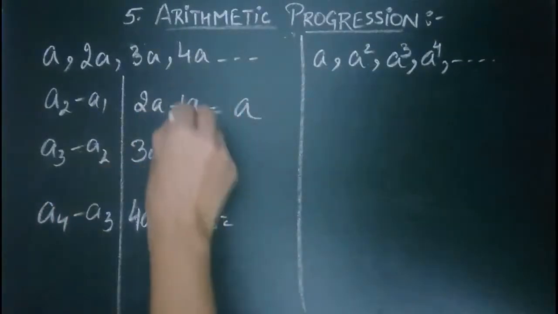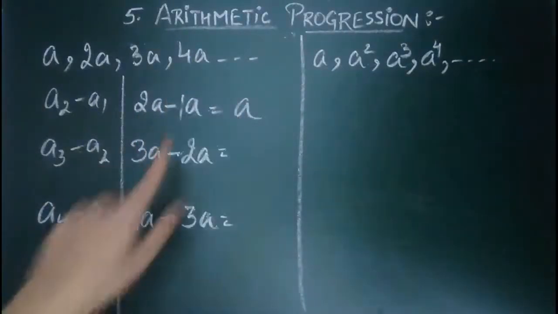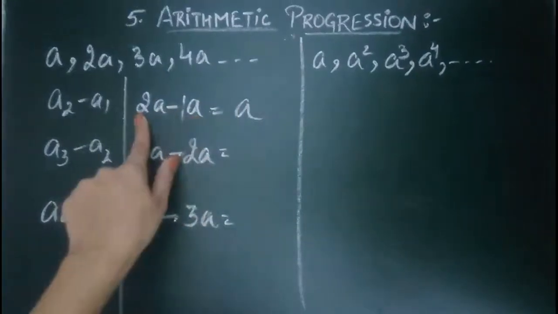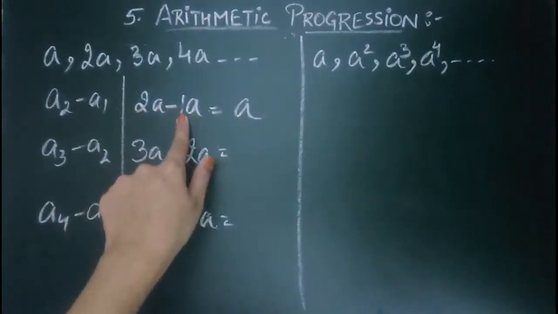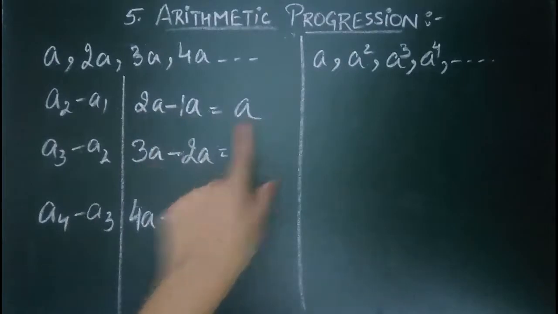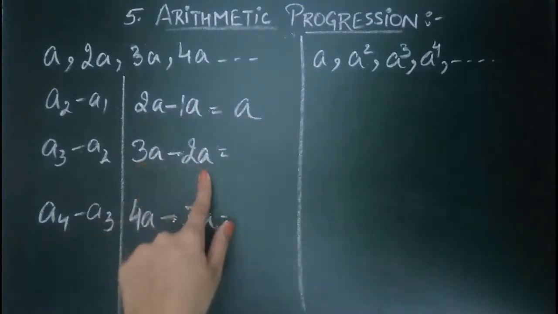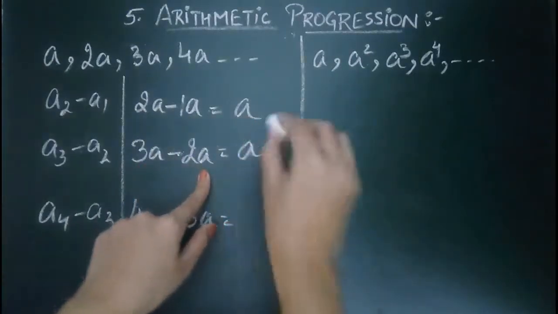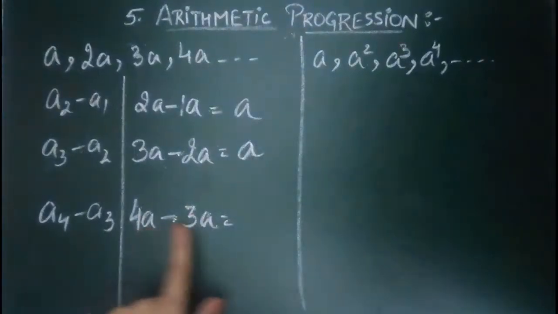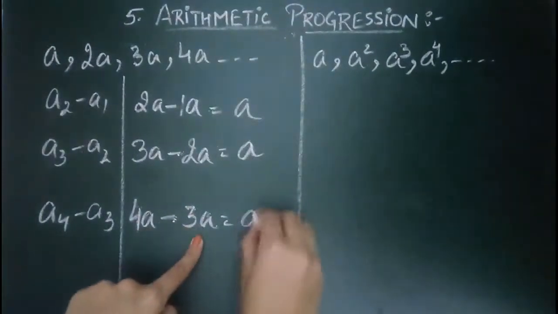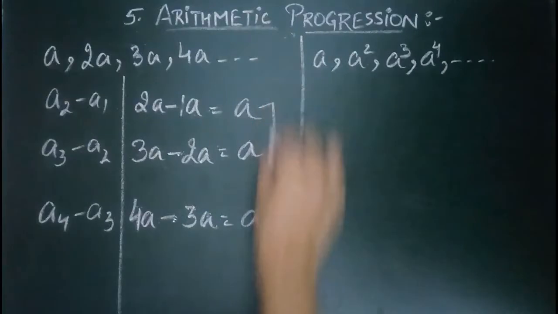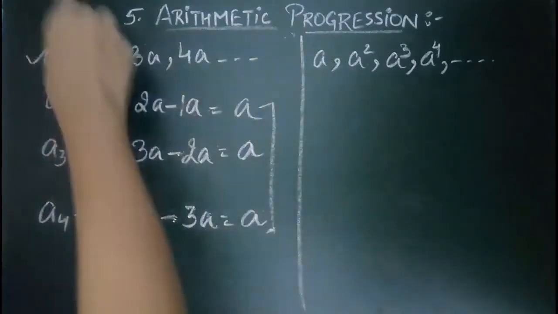A is 1A. We can write A as 1A. So 2A minus 1A, subtracting 1 from 2, only one A is left. 3A minus 2A, only 1A is left. 4A minus 3A will be only A. So the common difference is the same. This will form an AP.